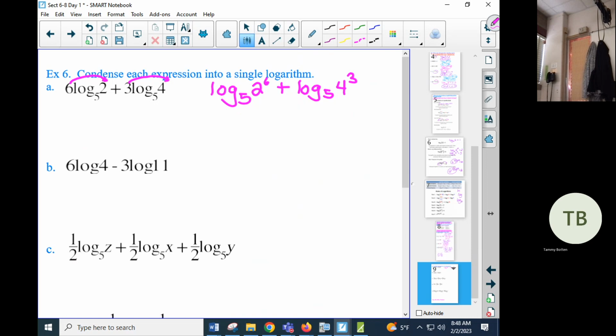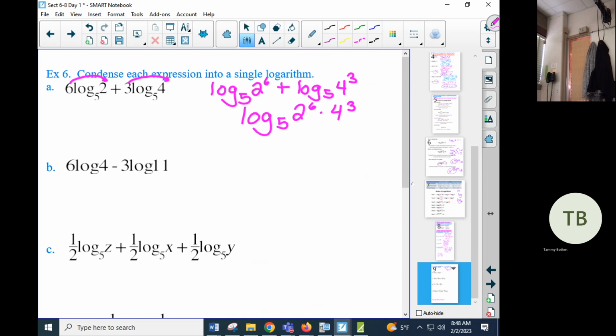Now, because this is plus, I combine them as 2 to the 6th times 4 to the 3rd. When you have variables, like if that had said x to the 6th, y to the 3rd, you're done. You don't have to do anything.